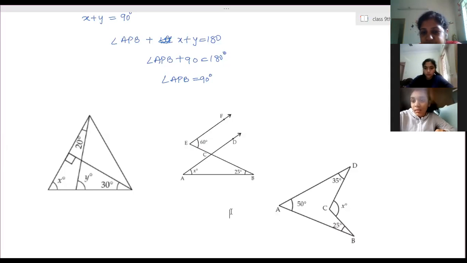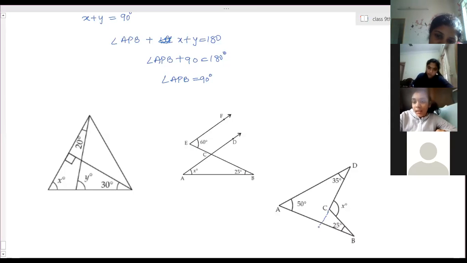How? Ma'am, you can extend DC. It is not coming. What do you do? We can extend DC. Then, ma'am, x can be 120 degrees, and this will be 85.